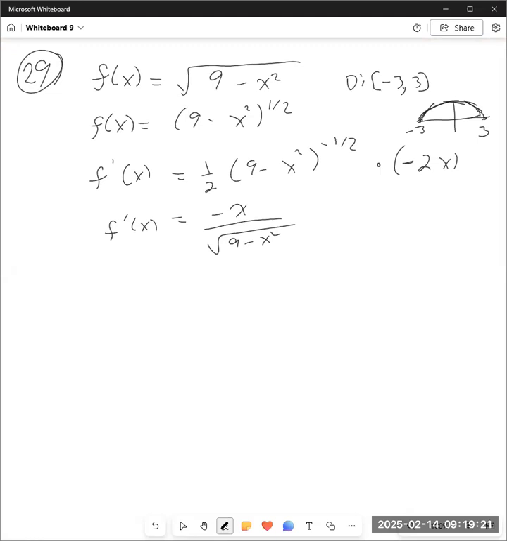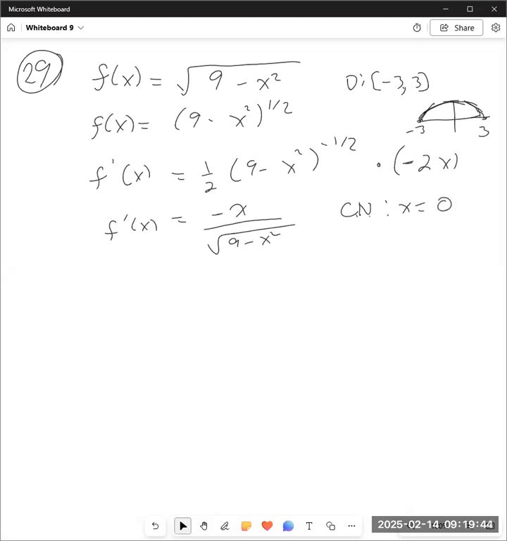So when I'm looking at this to find the critical numbers, I'm only interested in things that make the numerator 0 or the denominator 0 within that interval. So critical numbers here will be x equals 0. We'll make the numerator 0.